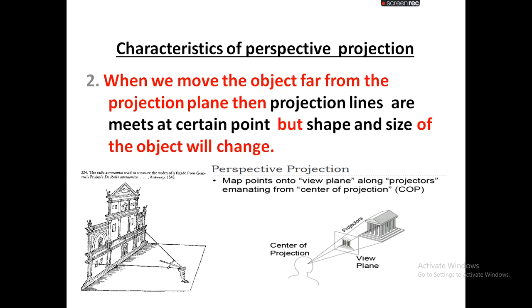When I move that object to infinite distance, it vanishes, meaning I cannot see that object. It looks like a dot. Our eyes can feel like this.